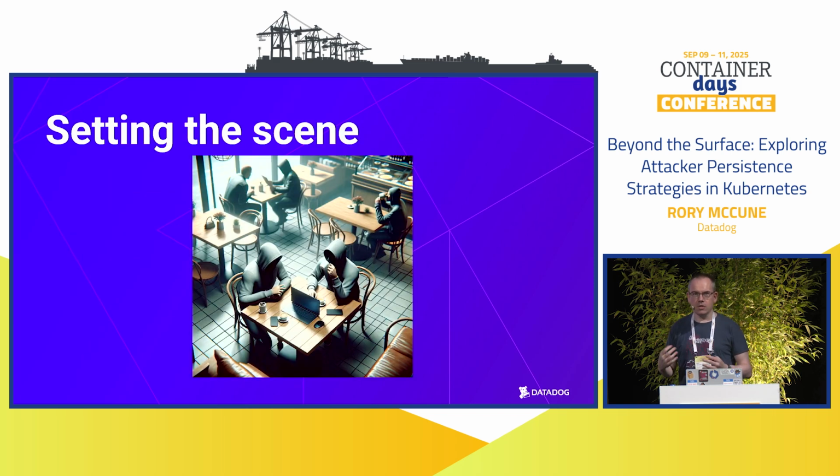So, our story today starts in one of Hamburg's lovely cafes. A Kubernetes cluster administrator is having his morning coffee and working on his cluster. And then, unfortunately, he has had a call from his CTO, which means he has to step outside of the cafe. Probably something to do with AI and costs, I imagine. And he's out there taking his call.